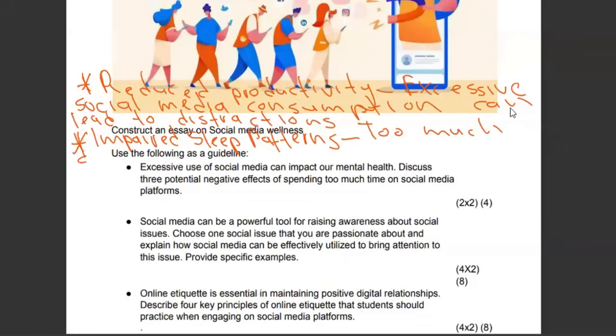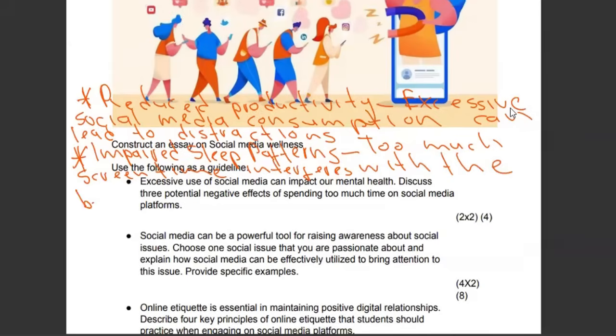Too much screen time interferes with the body's natural sleep-wake cycle.